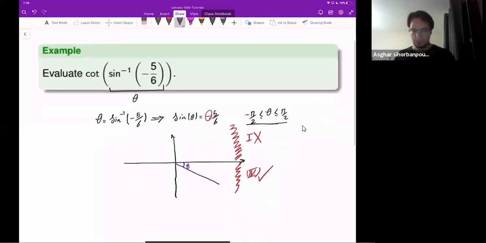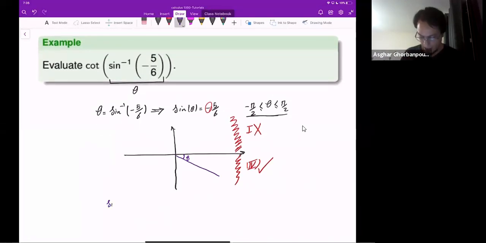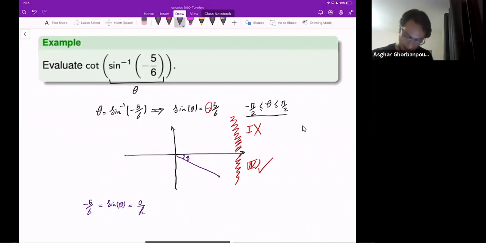What else do we know? We know that sine of theta is -5/6. On the other hand, if I use this xy coordinate, any xy coordinate on this line, sine theta is going to be given by opposite over hypotenuse, yes? So if I have a triangle here, that will be what we have.